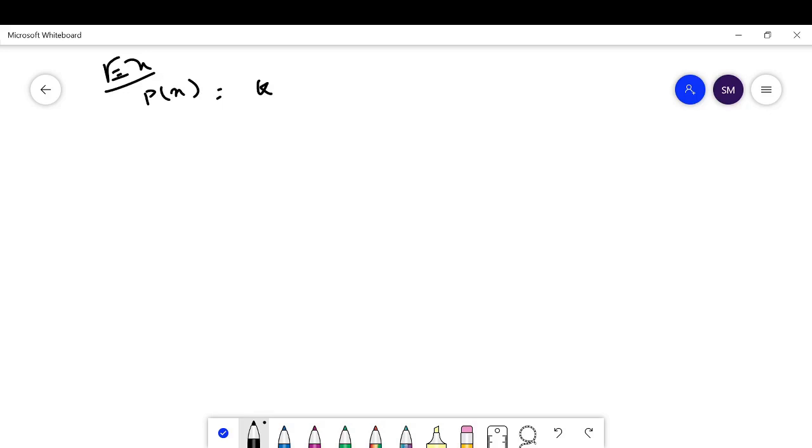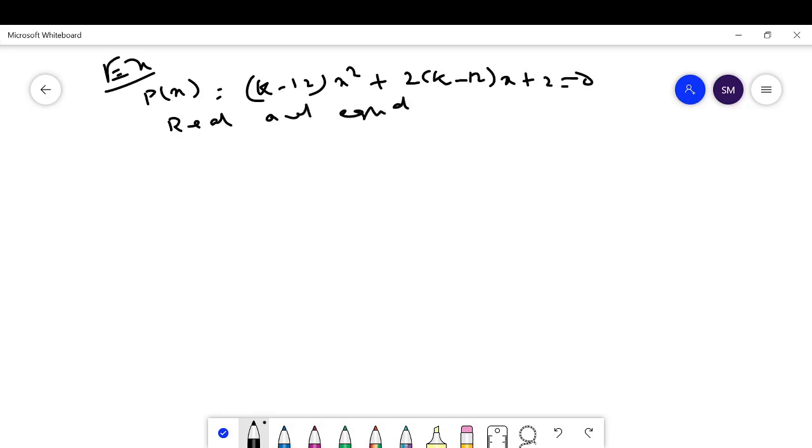Here also find the value of k for which we get real and equal roots. Here p(x) is equal to (k minus 12)x square plus 2 into (k minus 12)x plus 2 is equal to 0. Real and equal roots means D, which is equal to b square minus 4ac, is equal to 0.